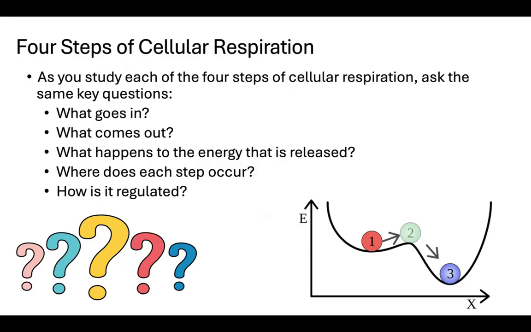And sometimes you have to push that uphill with some investment of energy, and then they'll drop down to where we see step 3. And now the electrons will be happier. They're going to be more stable there. So all of these steps that we're going to see is basically these electrons trying to get to a more stable state.